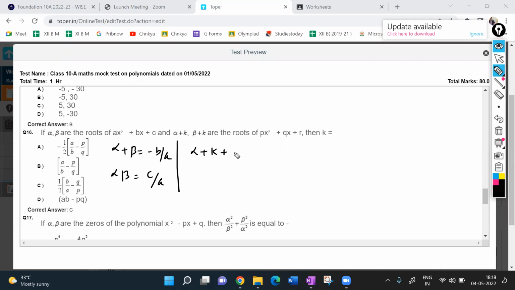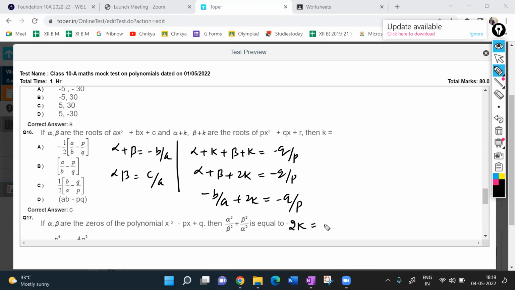Alpha plus k, beta plus k, the sum is minus q by p. Correct? Alpha plus beta plus 2k is equal to minus q by p. Alpha plus beta is how much? Minus b by a. I know that. So 2k minus b by a equals minus q by p. Correct? Now from this, 2k is equal to what? Minus q by p plus b by a. Correct?